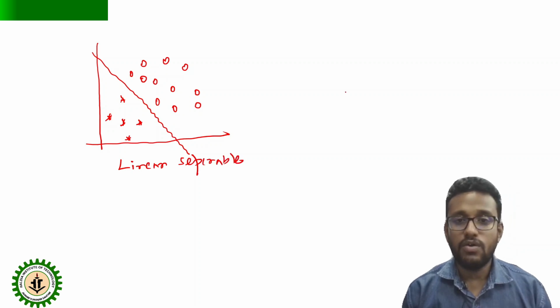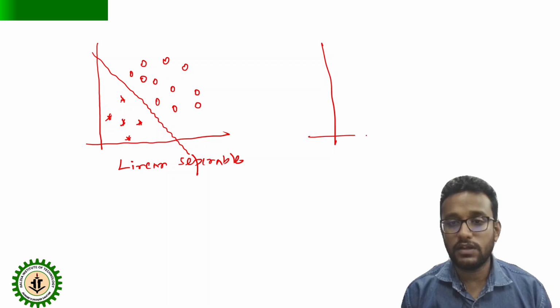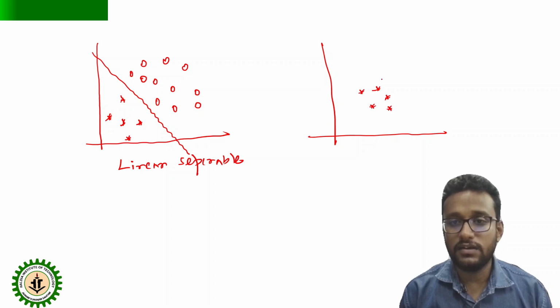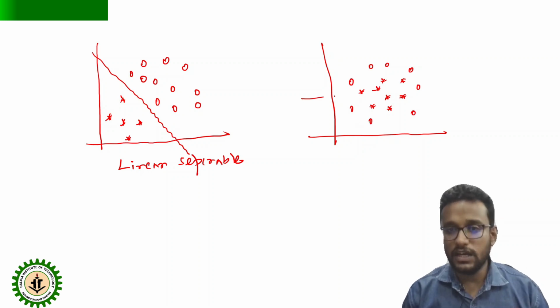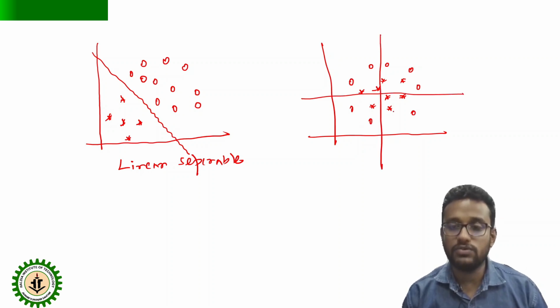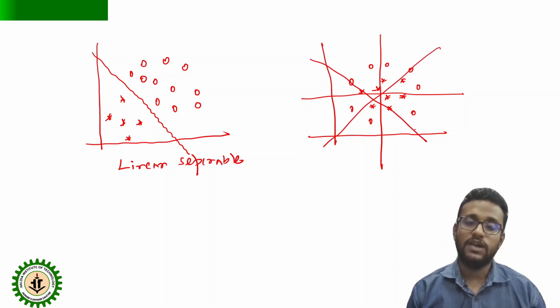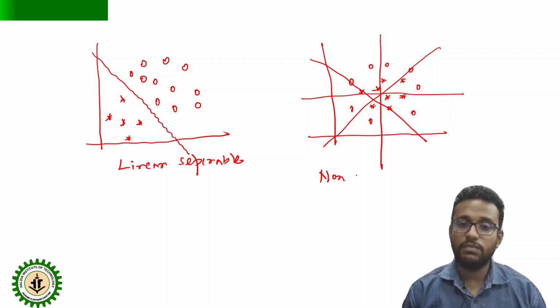Okay. Now, what is called nonlinear separable? Nonlinear separable is something like if you have the star in this pattern and the bubble in this pattern and bubble in this pattern, in a mixed way. So using any kind of straight line, you are not able to divide it. That one is called a nonlinear separable problem.